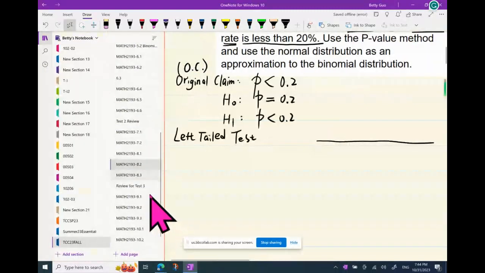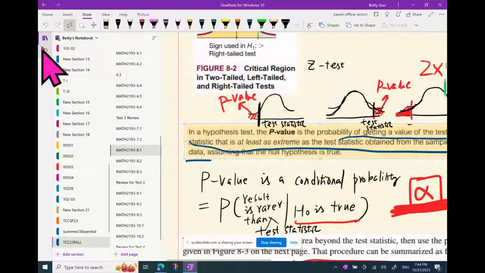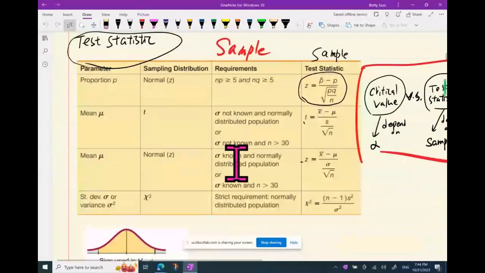We covered that last Thursday. Let's see the table here: test statistic for population proportion. For population proportion, the test statistic we are going to use is this z-score.